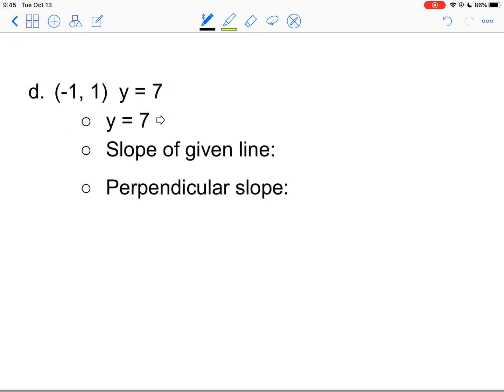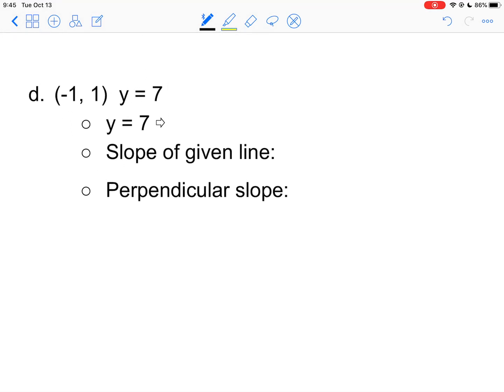The last one we're going to look at is one of our special lines, one of our zero or undefined lines. So here, the whole equation is y equals 7. I can rewrite this as y equals 0x plus 7.